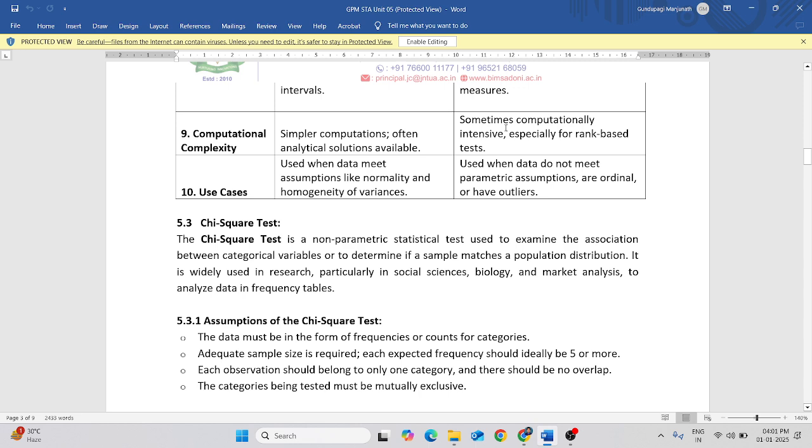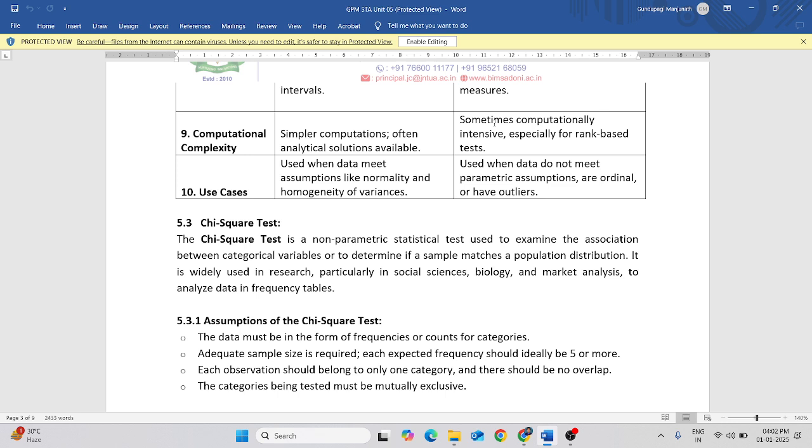In the non-parametric tests, the foremost and very important test is the chi-square test, which belongs to the non-parametric category of methods we use to test hypotheses. Here the chi-square test statistic is compared with the critical value to know whether the null hypothesis is true or false.